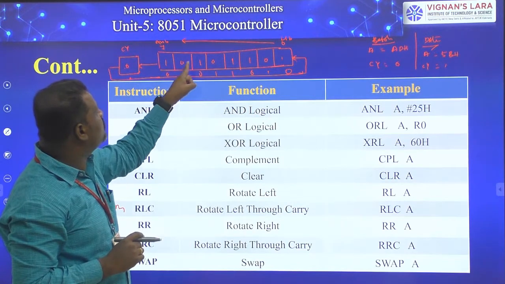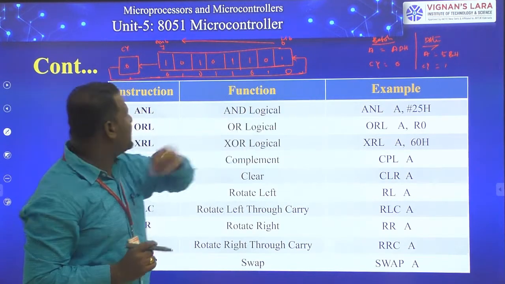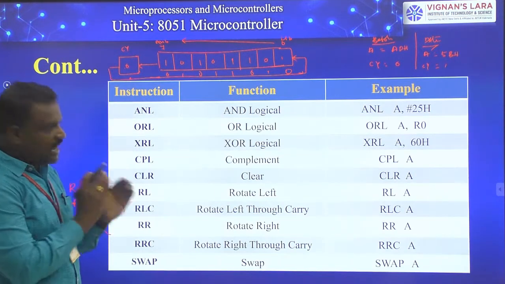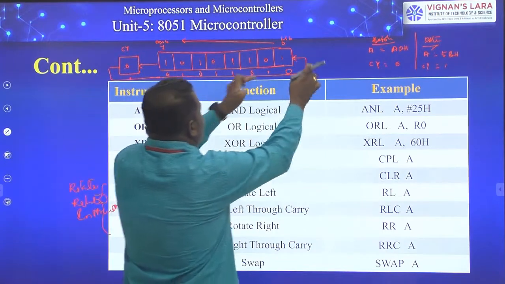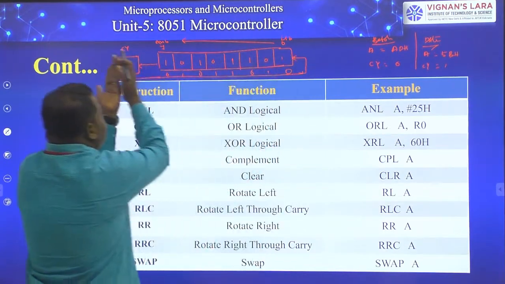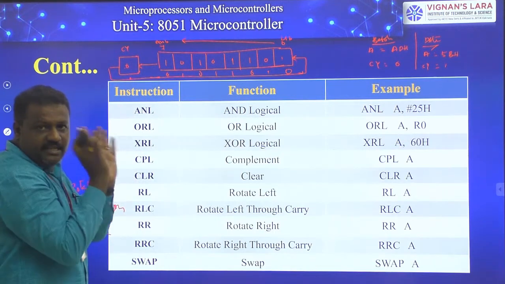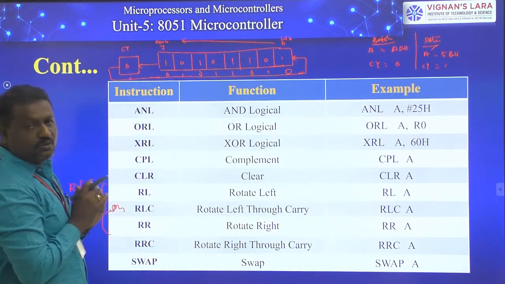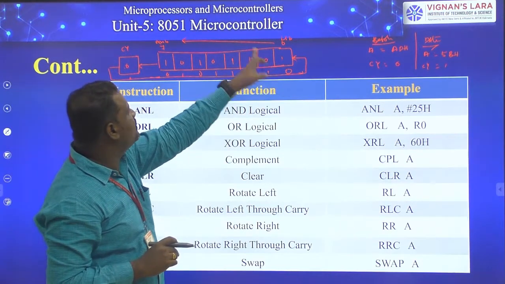So A means 1010, D means 1101. Initially my carry flag value was 0. After execution of this instruction, the carry bit goes to LSB and the bits of accumulator move from LSB side to MSB side. In that process, the MSB bit goes to carry, so here it is 1 and the bits are shifted like this.